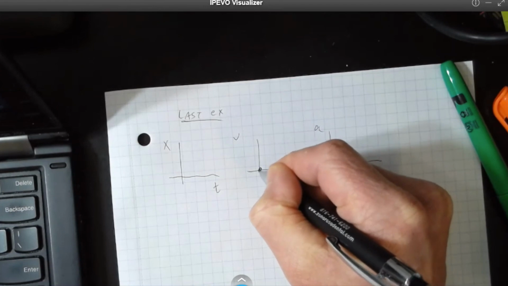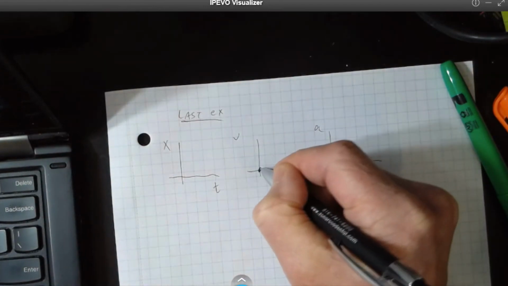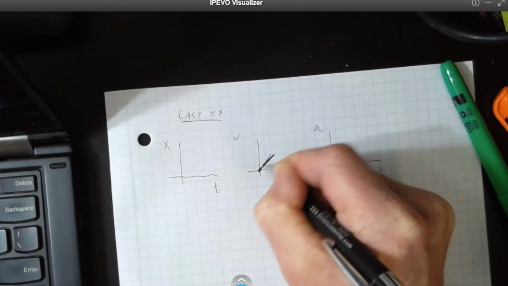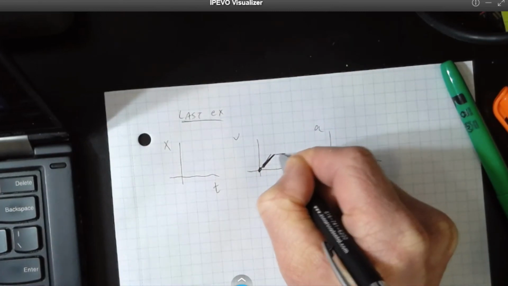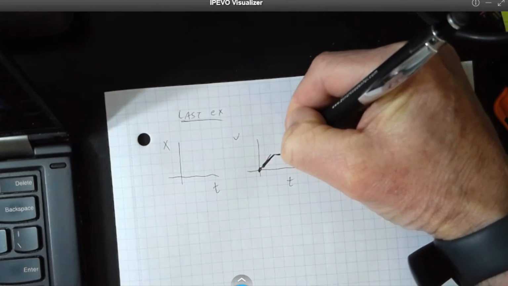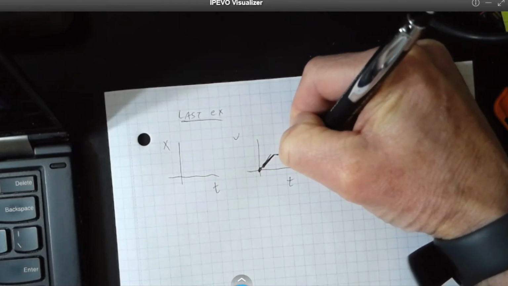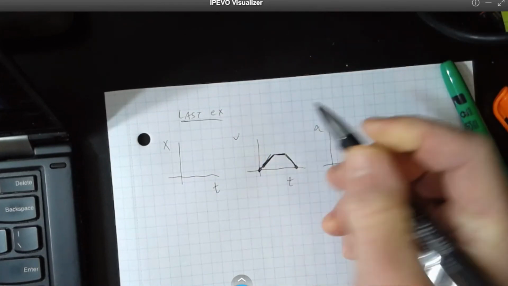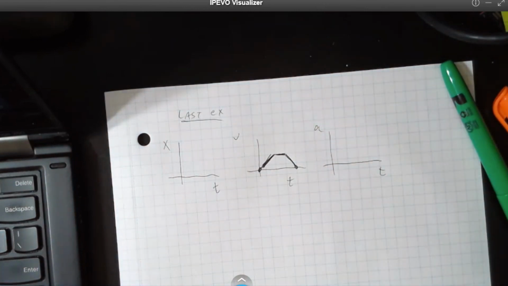We're starting at rest, and we're getting faster and faster. We then stay constant maybe for a little bit, and then we get slower and slower. We finally come back down to a stop, something like that. So that's that scenario as a VT graph.